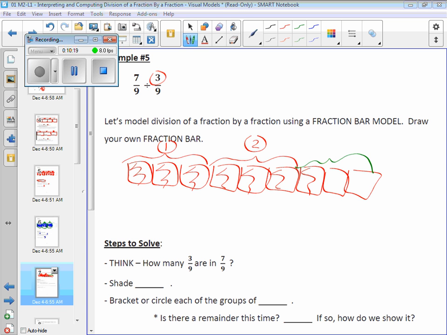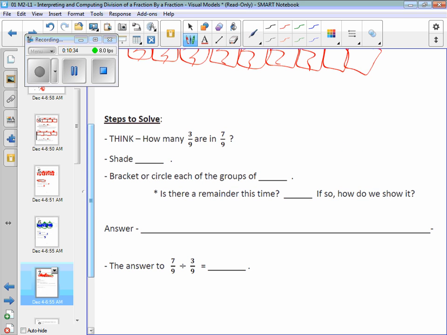In that group of 3, how many are shaded? 1/3. 2 and 1 out of 3, or 2 and 1/3. Some of you put 2 and 1/9, and you were close. But you've got to think, how many in that last group are shaded? It's 1 out of 3. So it's 2 and 1/3.